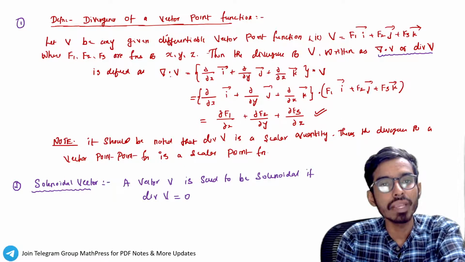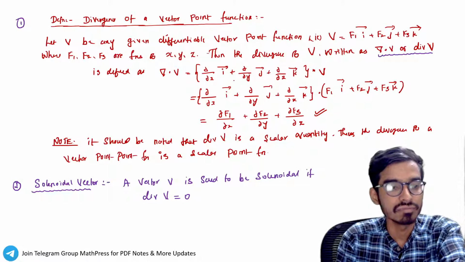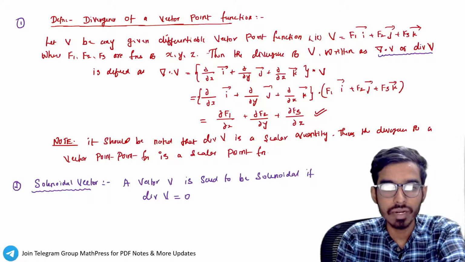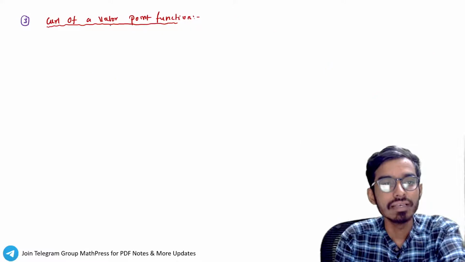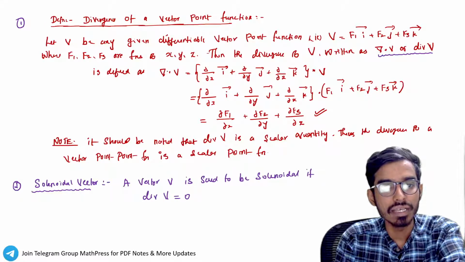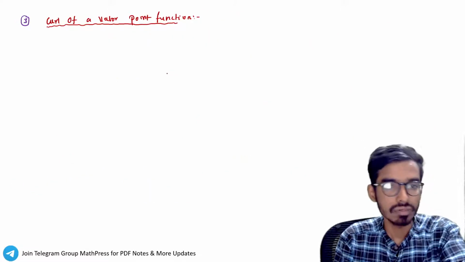So you make a dot product of the given vector point function with the del operator. Now, instead of making a dot product, I'm going to make a cross product. That will be called the curl of a vector point function. If you make a dot product with the del operator, that will be divergence. If you make a cross product with this del operator, that will be curl.